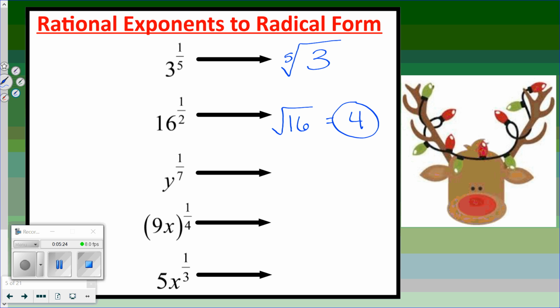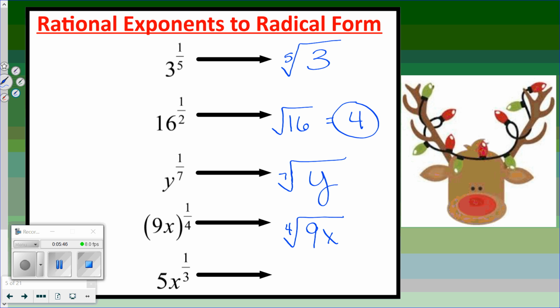Good. You always want to simplify if you can. Y to the 1/7. Perfect. 7th root of y. 9x in parentheses to the 1/4. Good. 4th root of 9x.